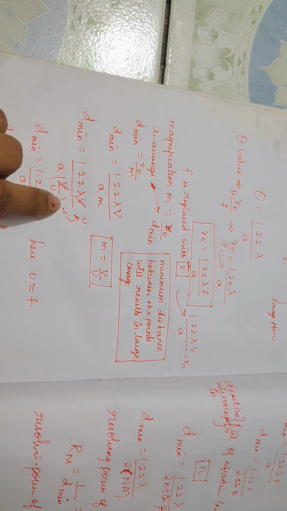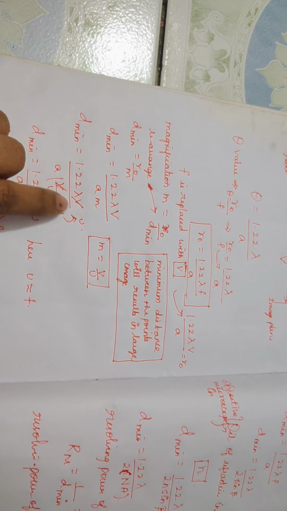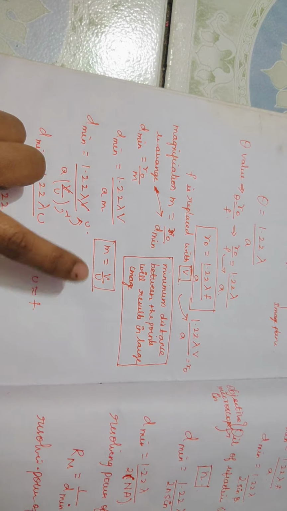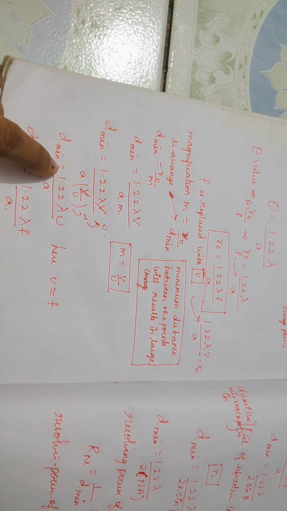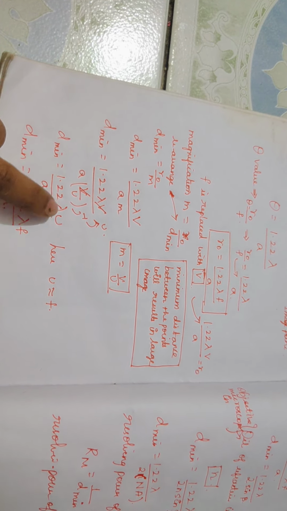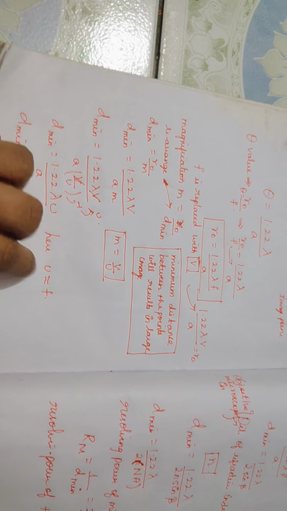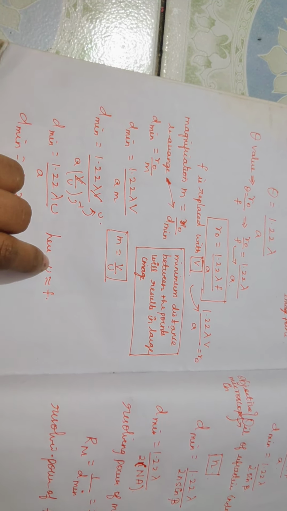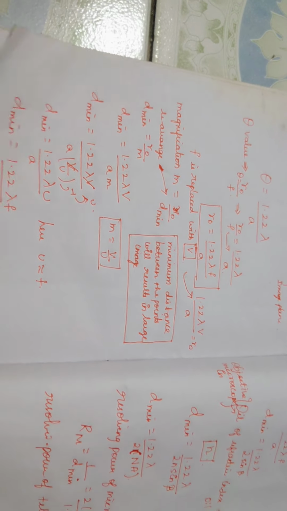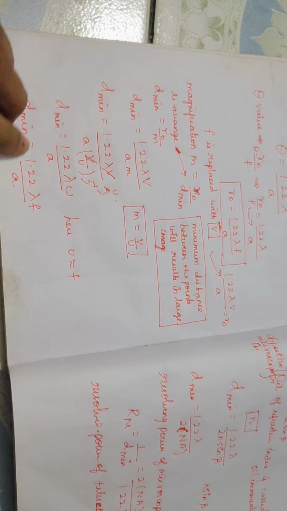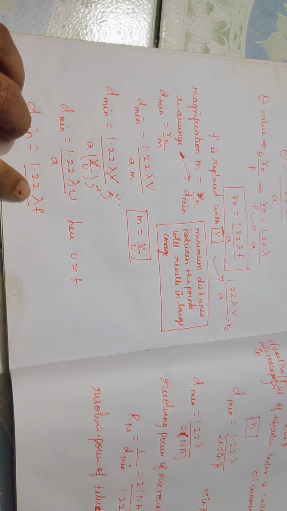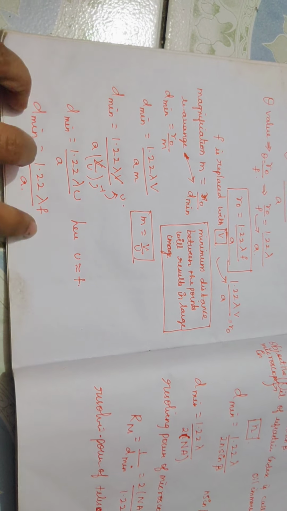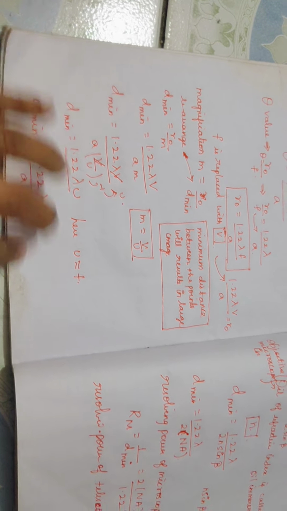When this U goes up, it will be U. So D minimum is equal to 1.22 lambda U divided by A. Here U is approximately F, so I can write U as F. Then D minimum is equal to 1.22 lambda F divided by A.